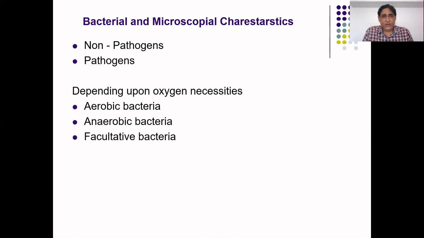Now, these bacteria are the source of diseases, and we have a count, the MPN count, most probable number, which tells you the growth of bacteria.